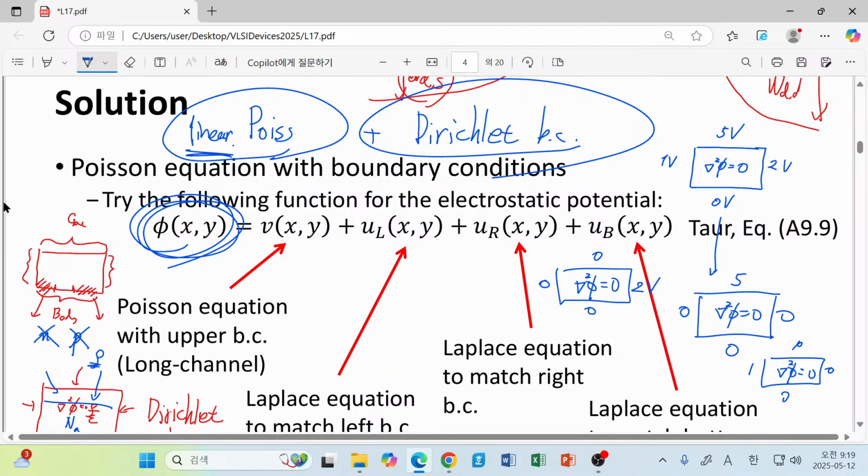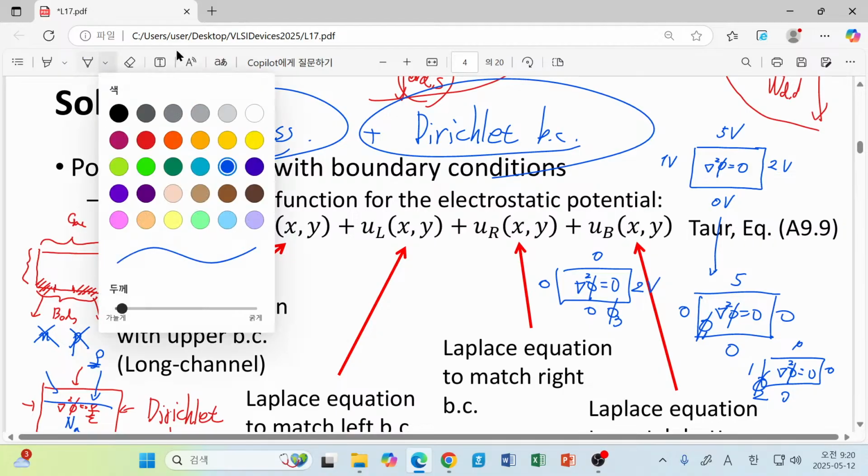By solving these Laplace equations 3 times with only different boundary conditions, we get phi 1, phi 2, and phi 3, and since all of them are linear, that is important.